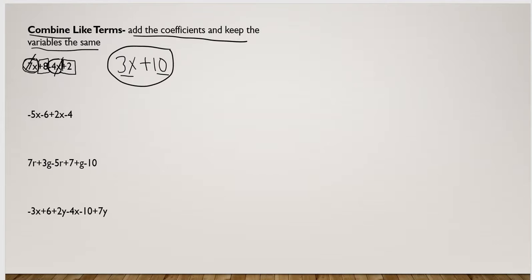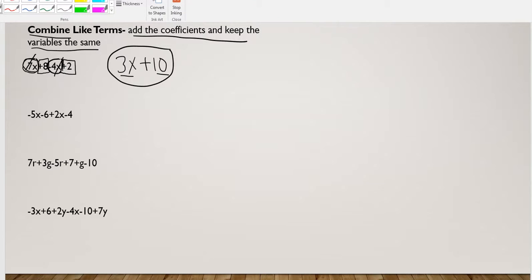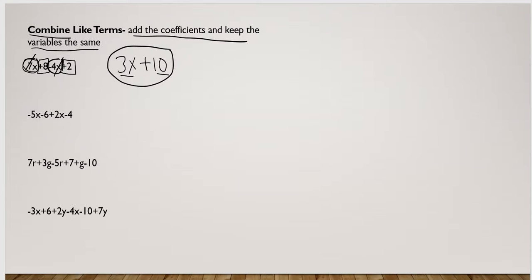We're going to talk about each of these terms. We have a negative 5x, a negative 6, a positive 2x, and a negative 4. When we combine like terms, we combine the ones that have the same variables to the same powers.